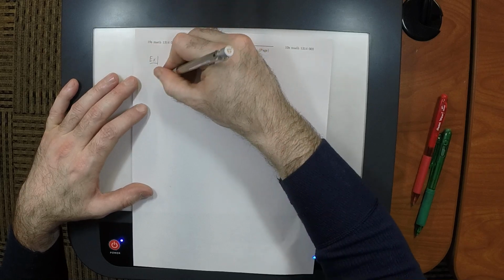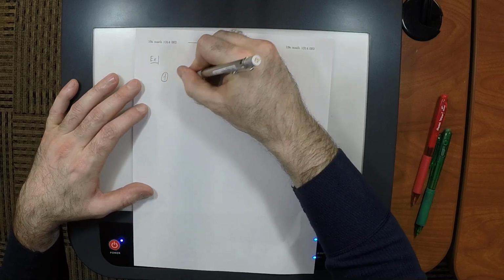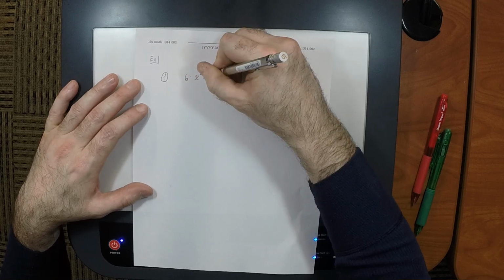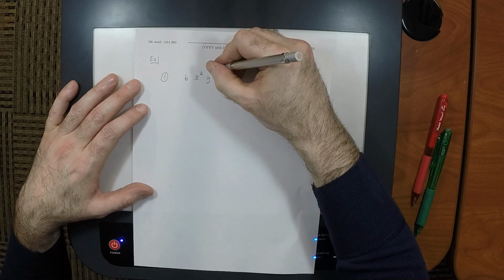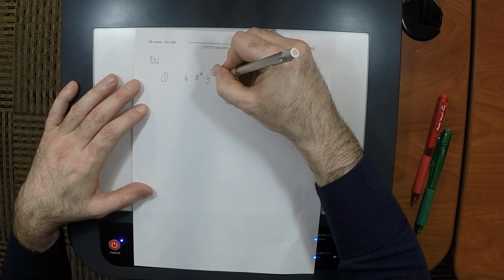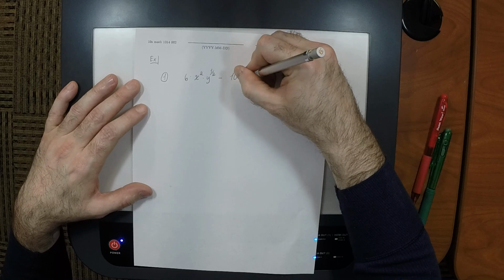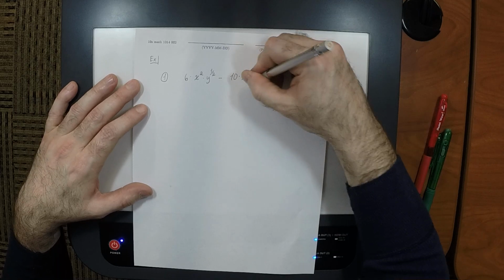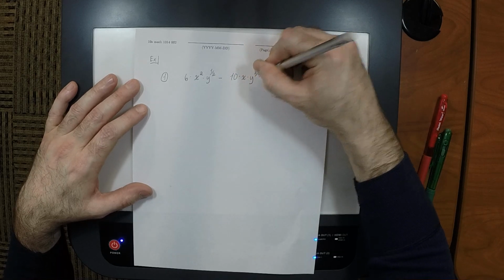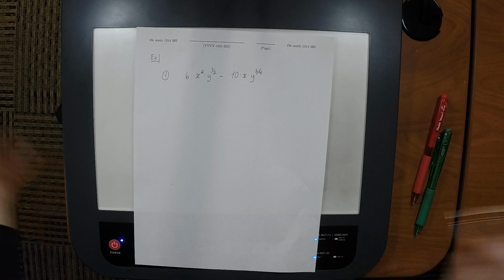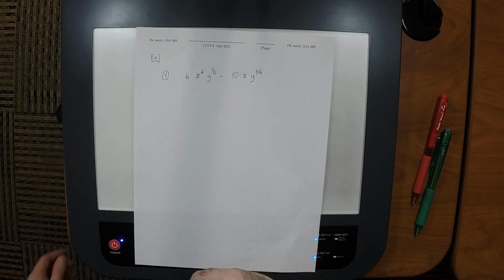So here's a typical one. I could say something like 6 x squared y to half subtract 10 x y to 3/4. So now the new element here is, in some sense, just that now we have fractions.